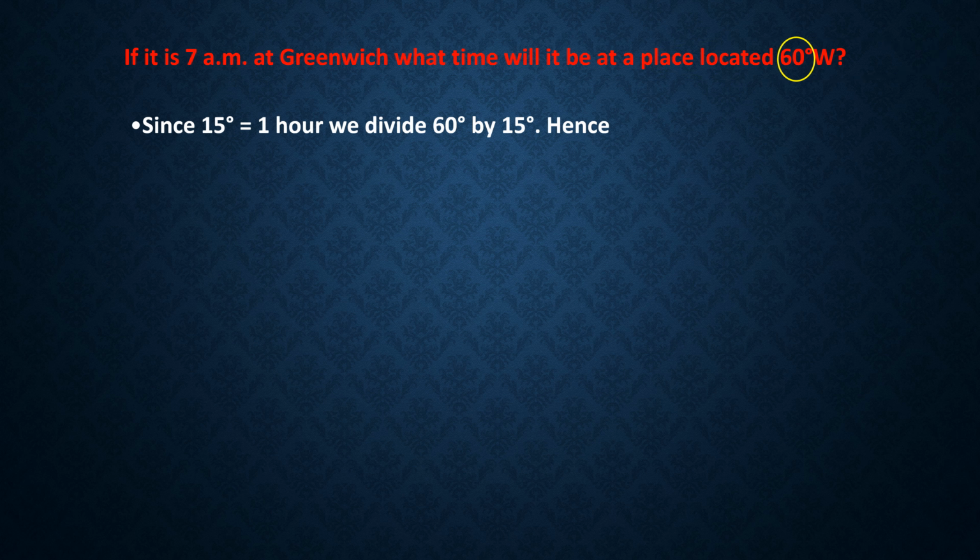Hence, we say 60 divided by 15. 60 divided by 15 will give us 4 hours. So now we know that our time difference at a place located 60 degrees west in relation to Greenwich is approximately 4 hours.